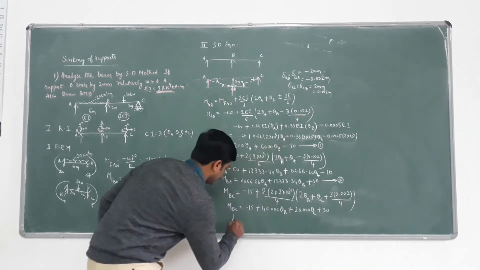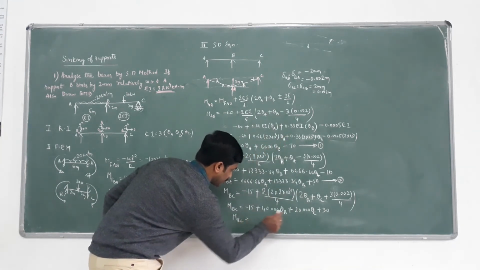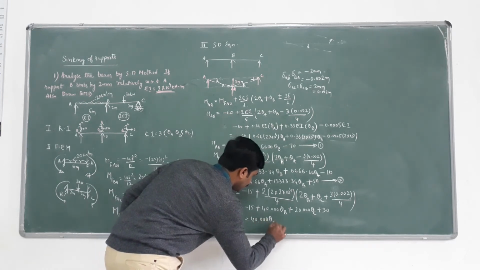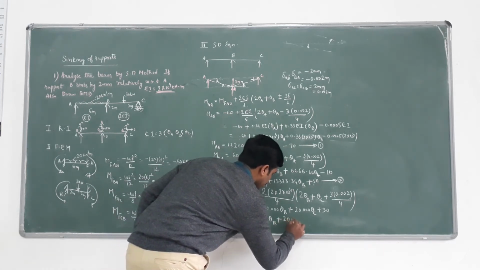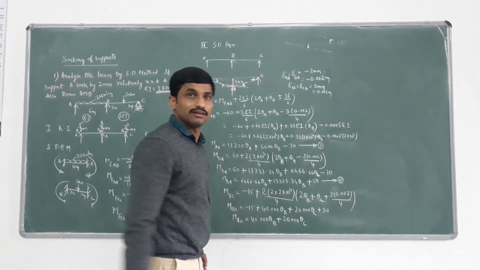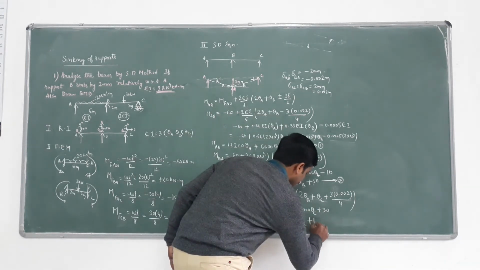So MBC equals, first writing the theta b factor, 40,000 theta b plus 20,000 theta c plus 30 minus 15, and you get plus 15.